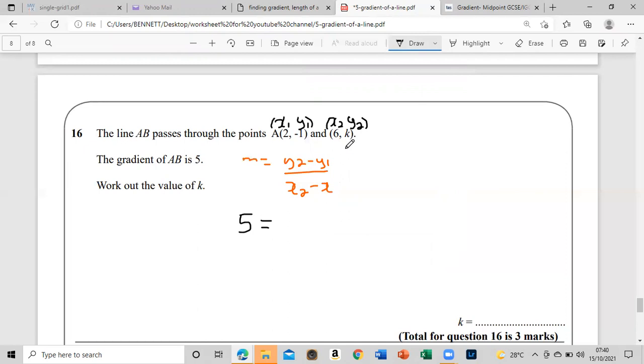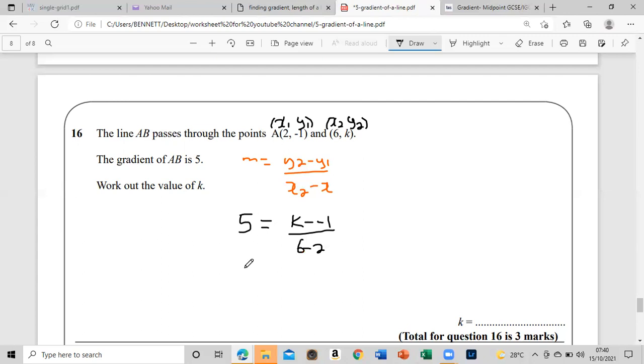All right, so what is y2? We don't know, so we put k there, minus y1, which is negative 1, so we have another minus 1. And then this will be 6 minus 2.